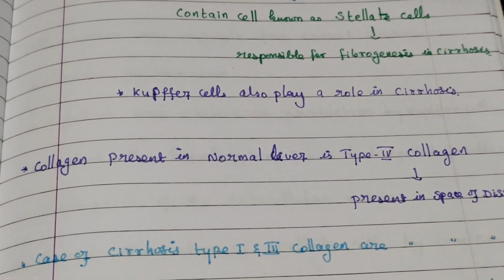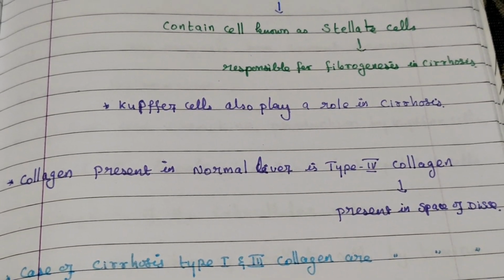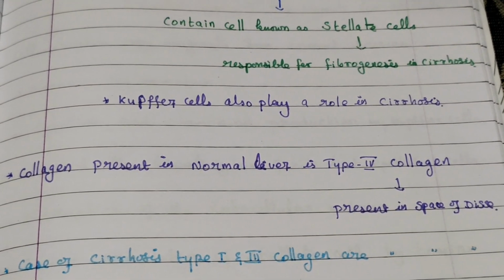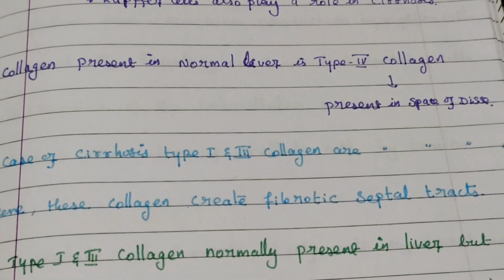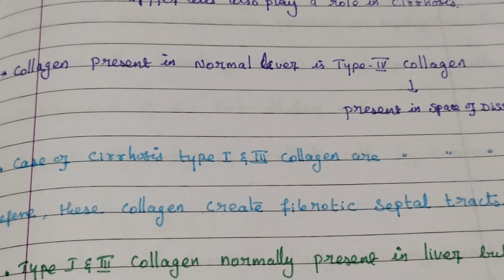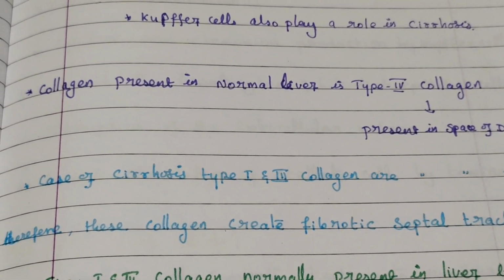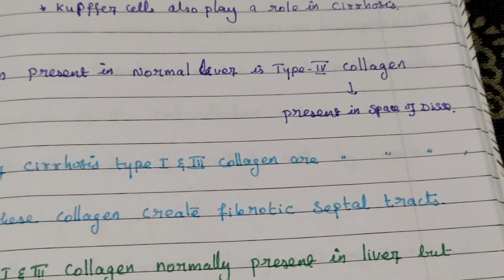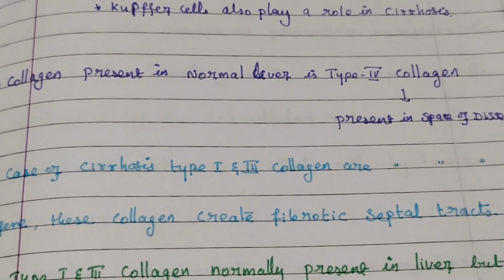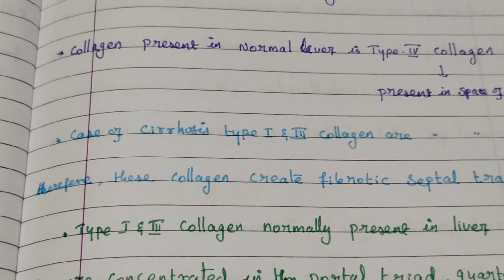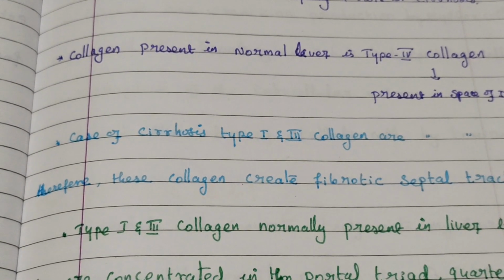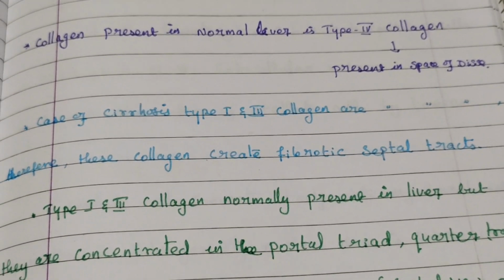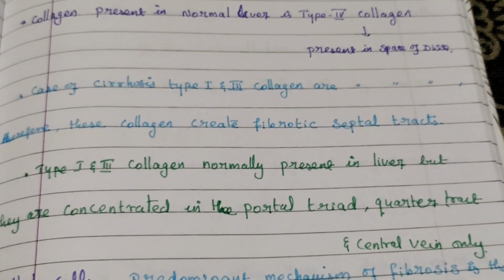However, in cirrhosis, type 1 and type 3 collagen are present. This collagen creates fibrotic septal tracts. Type 1 and 3 collagen are normally present in the liver, but they are concentrated in the portal triad tract and central vein only.